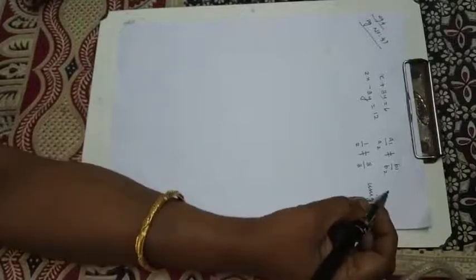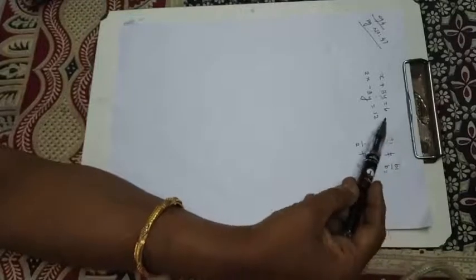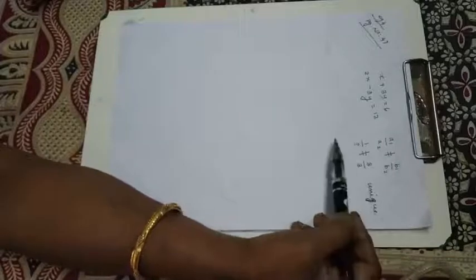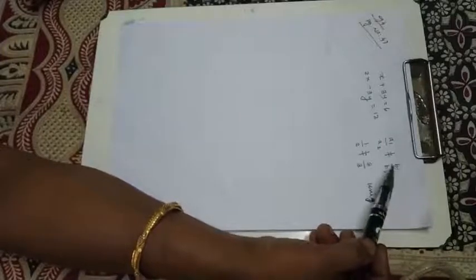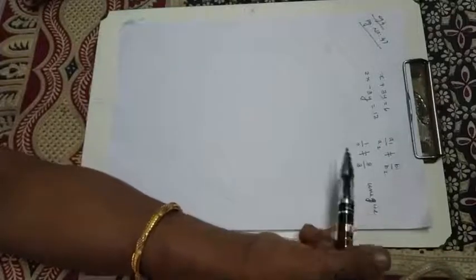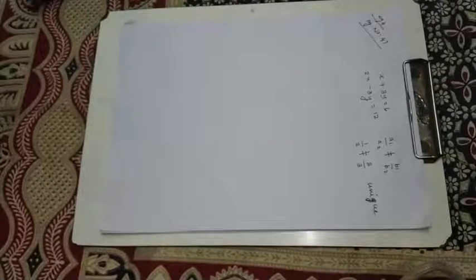Then you will get two intersecting lines that intersect at one point, so you will get a unique solution for this one. So let us first solve this to draw that graph.